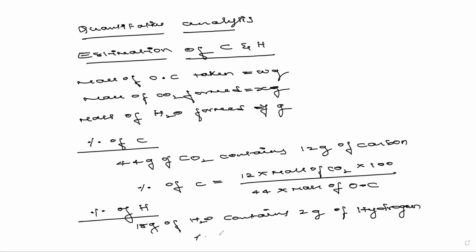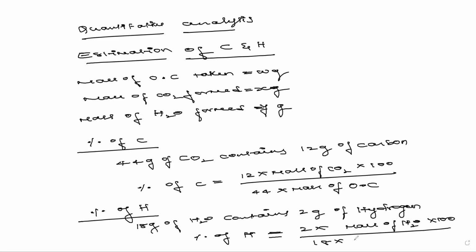Therefore, percentage of hydrogen is equal to 2 into mass of water into 100 divided by 18 into mass of organic compound.